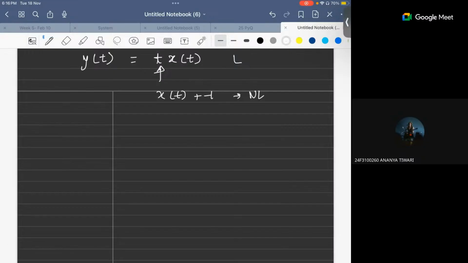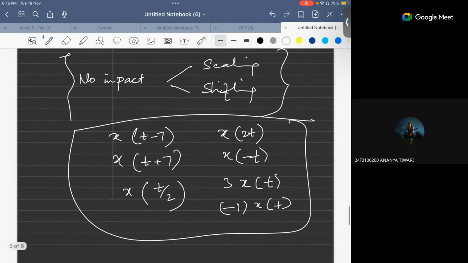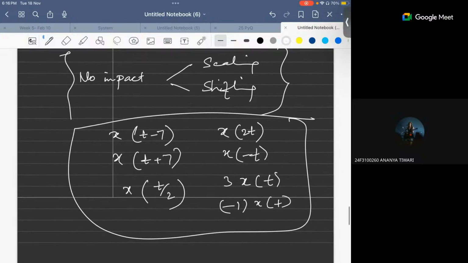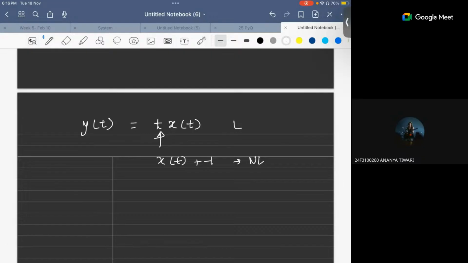Sir, limit comes in the first section also, right? The differentiation and integration one. Which limit? Whenever we have something like limit k tends to infinity, it gets distributed also, right? Okay, but those things I don't think you have to study. I guess you are talking about the accumulator.